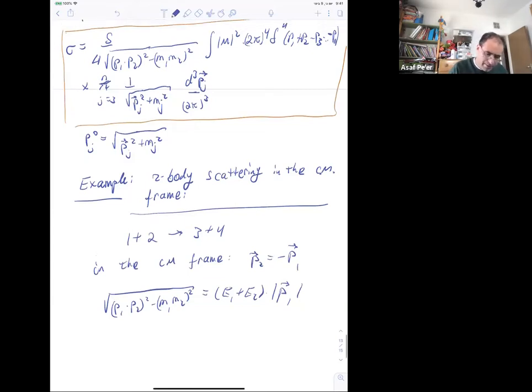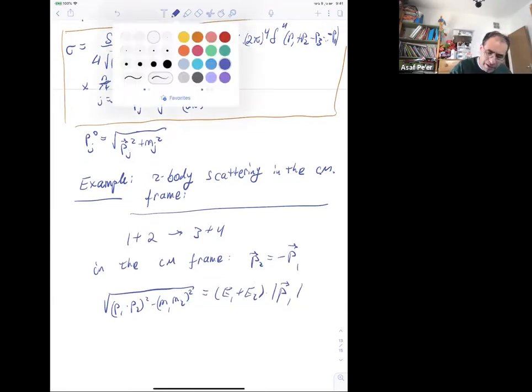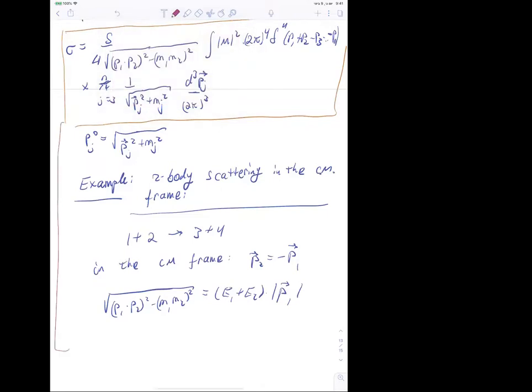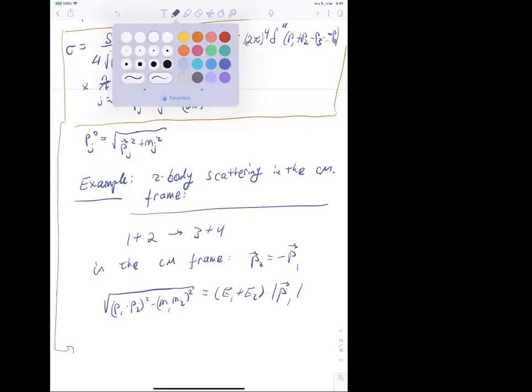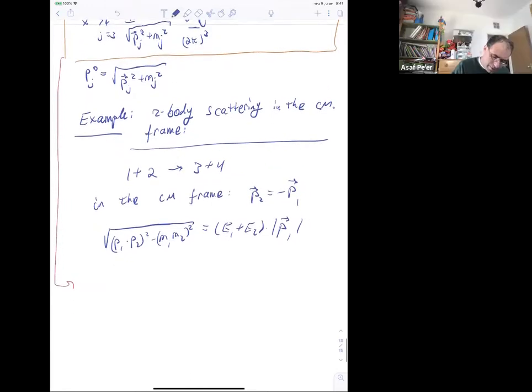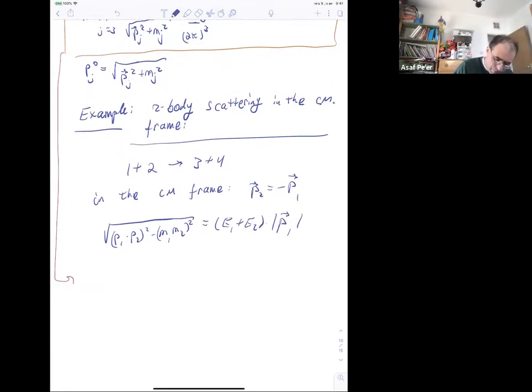In that case, we have for the cross section sigma, again very similar to what we had previously.